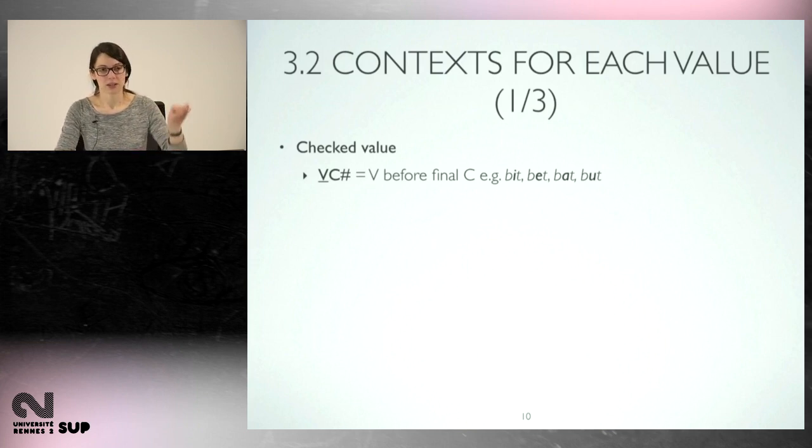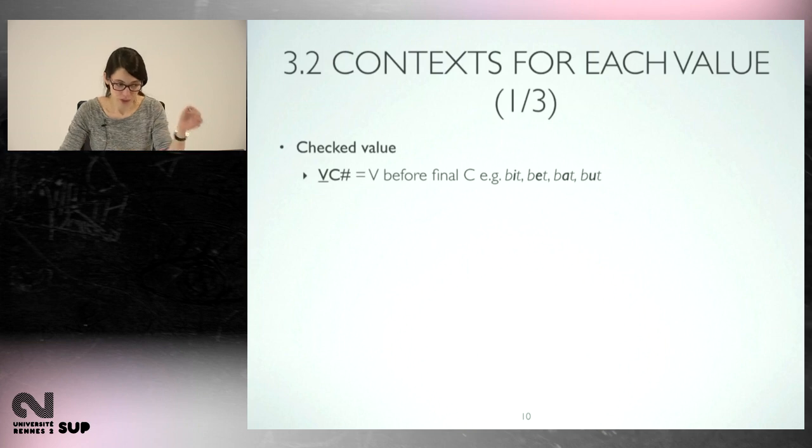The V stands for vowel, okay? C stands for consonant, and the hash sign stands for the end of something. The reason why the V is underlined is that I wanted to show you that that is the vowel whose pronunciation I'm interested in.